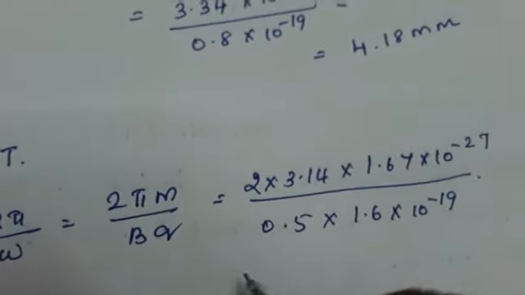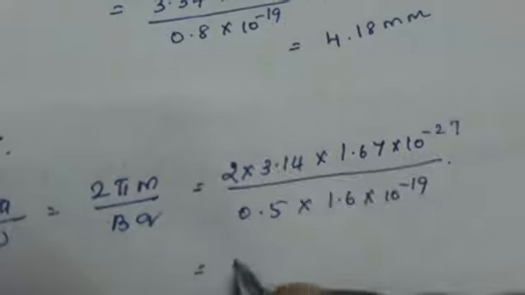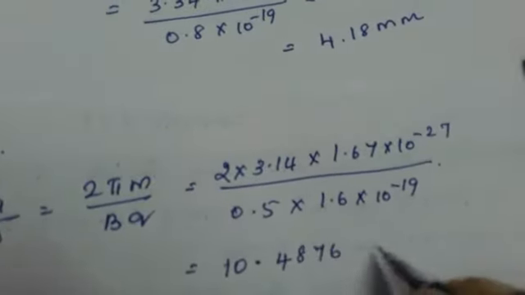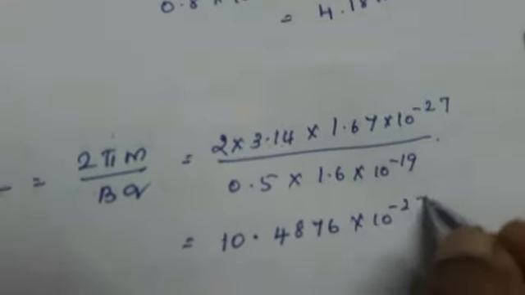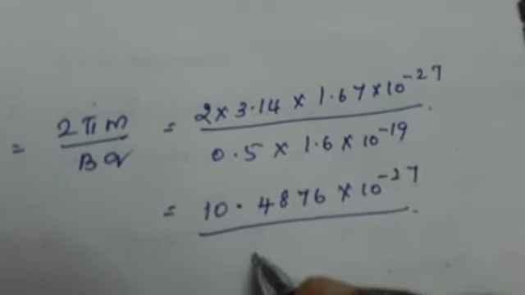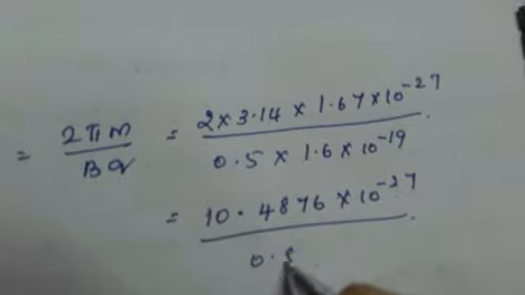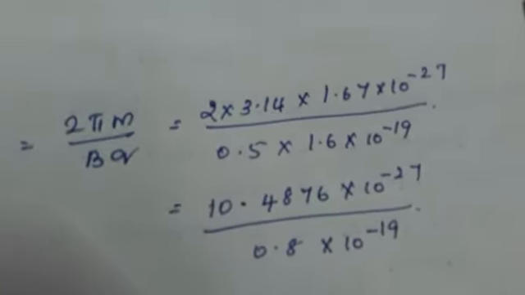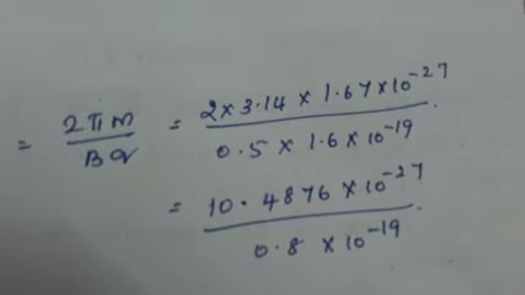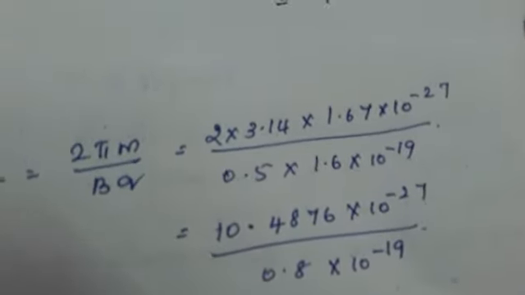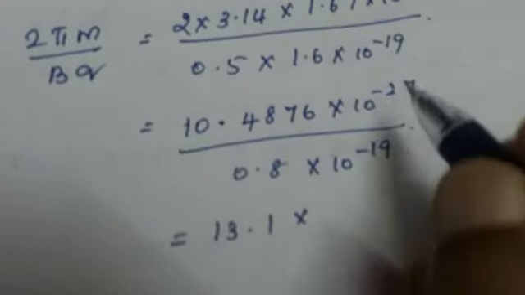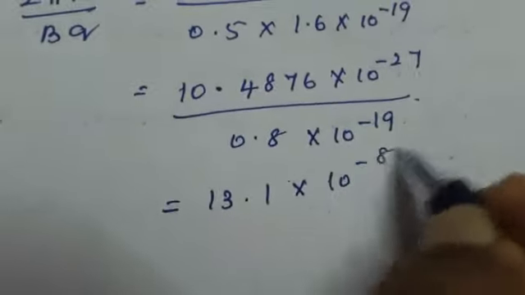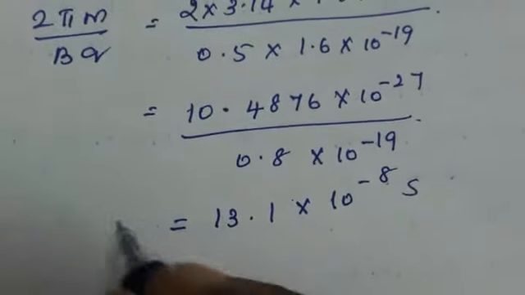The numerator comes to 10.4876 into 10 raised to minus 27, and the denominator is 0.8 into 10 raised to minus 19. Dividing these two, you will get 13.1 into 10 power minus 8. So this is your time period.